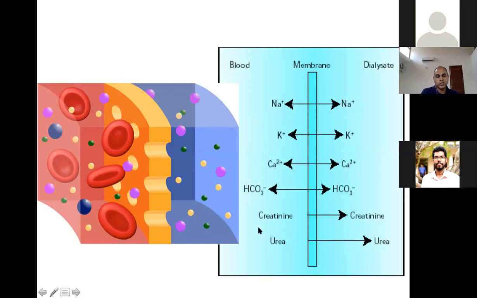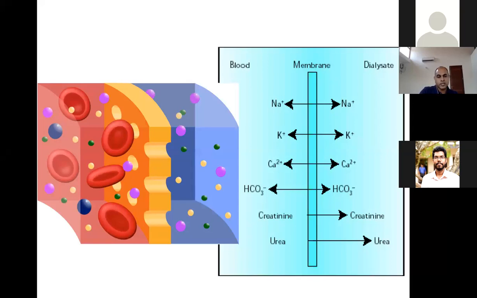Therefore, along the concentration gradient, the creatinine and urea will cross the membrane to the dialysate. At the same time, if you want to replace something like calcium in the patient, you can have a higher calcium in the dialysate, so that will be transferred across the membrane. So this is the process which happens in dialysis.